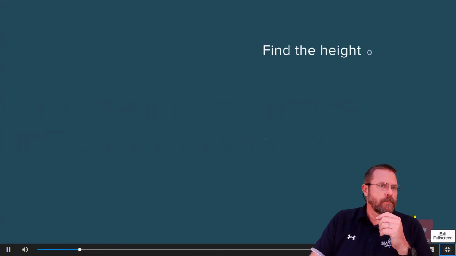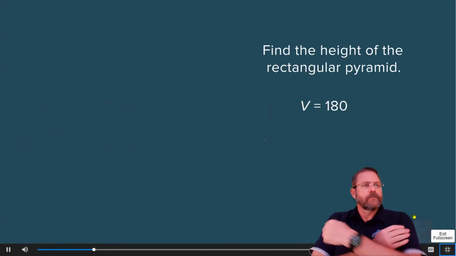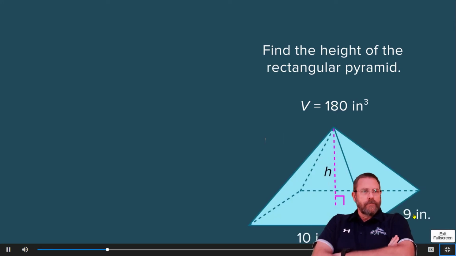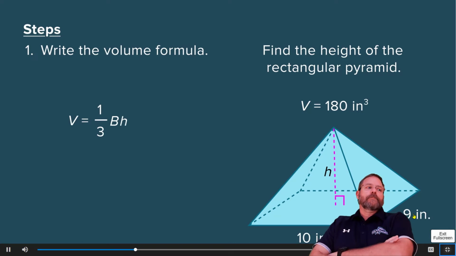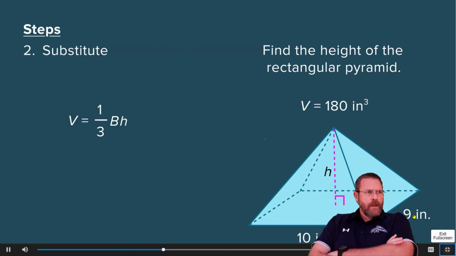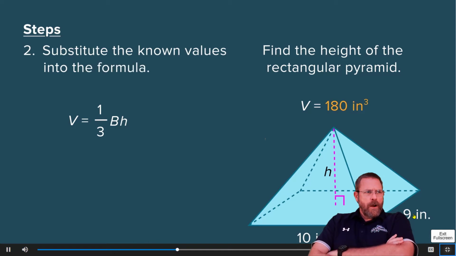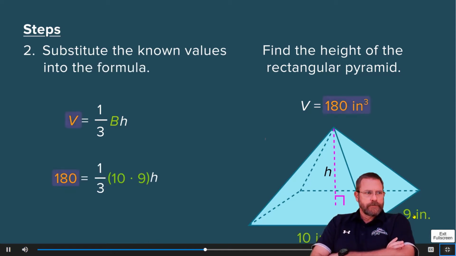To find a missing dimension in a three-dimensional figure when given its volume, first write the correct volume formula. The volume of a pyramid is equal to 1/3 the area of the base times the height. Next, substitute the known values into the formula. The volume is 180 cubic inches.